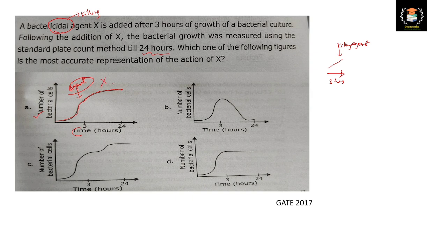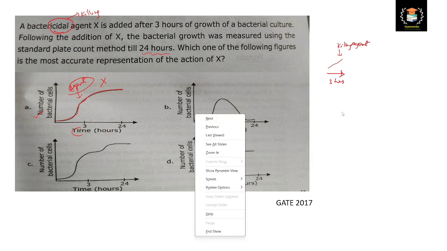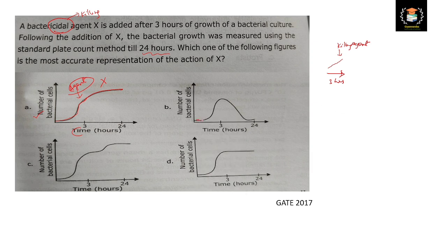So this is wrong. Next option: up to 3 hours the bacterial culture was grown. So where is the 3 hour? This is the third hour. Then over here the agent was added. As soon as the agent was added, you can see a decrease in the growth. So this might be correct.